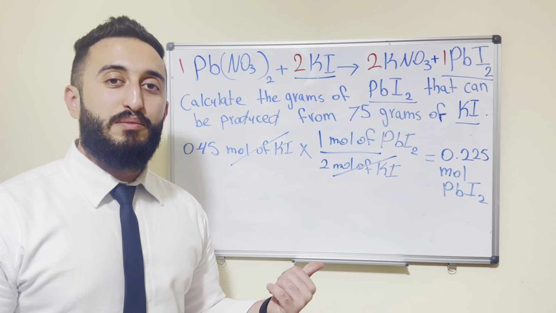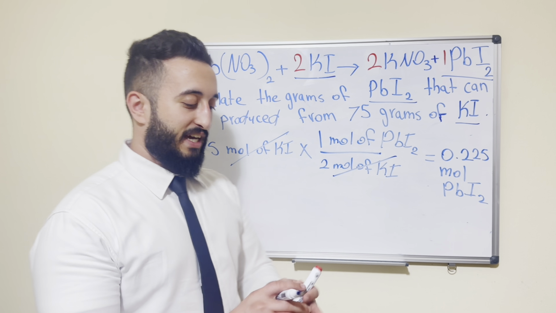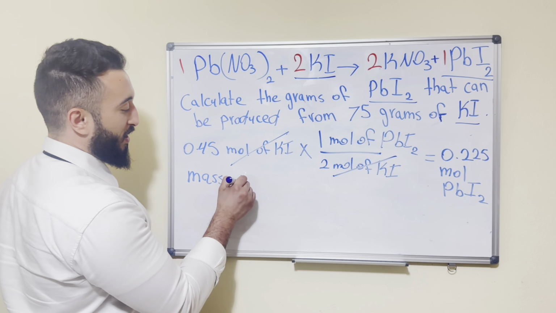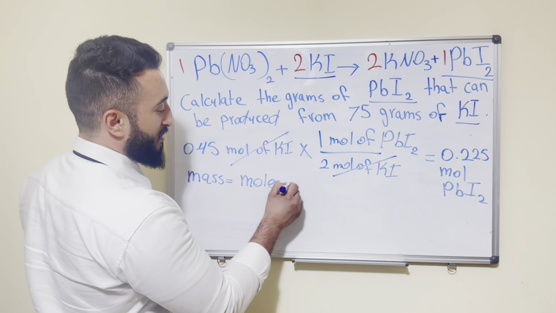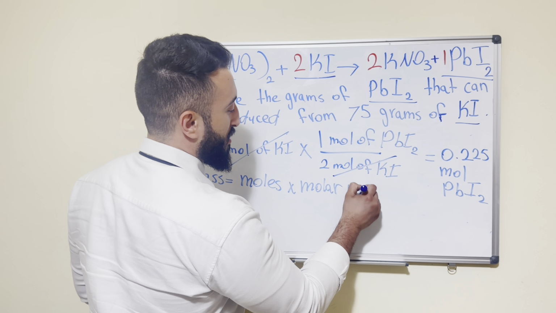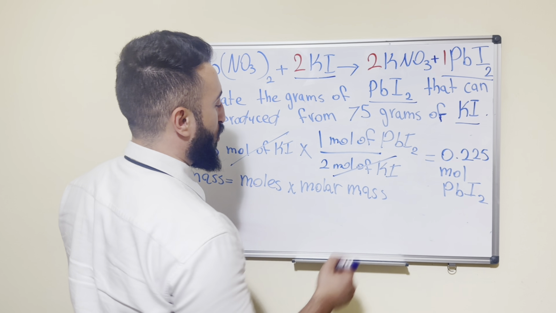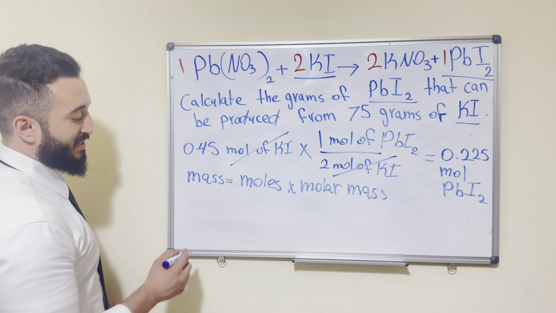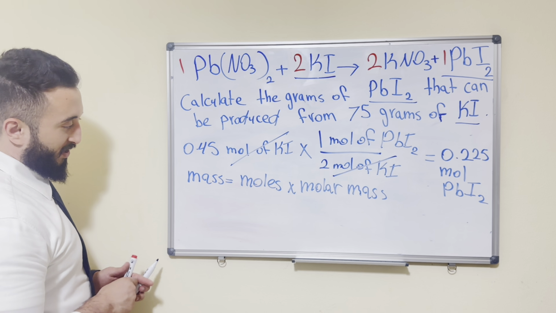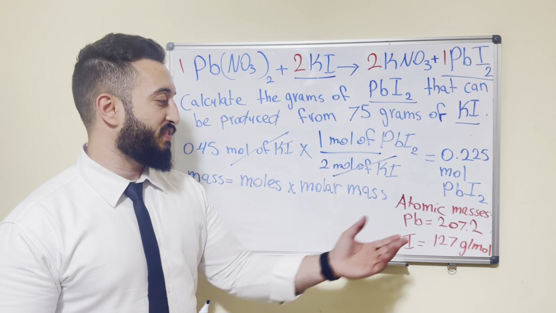So now we have the moles of lead iodide. Can we calculate the molar mass to find the mass? Yes. So the mass, as we said, equals moles times molar mass. If we have the moles, can we calculate the molar mass? Yes, we can. Let's calculate the molar mass together. Here we have the atomic masses of the elements.